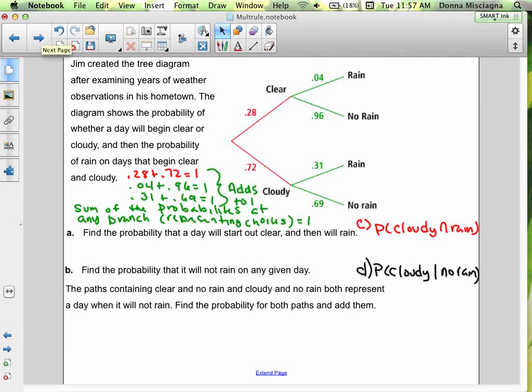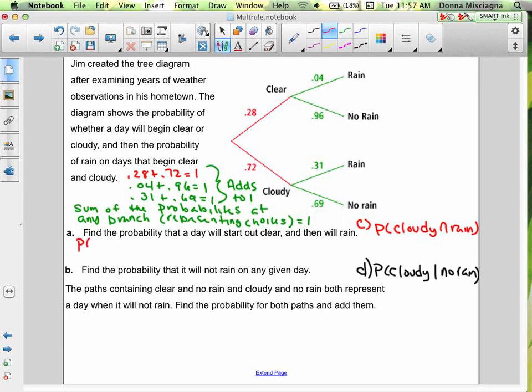All right, so now let's find some probabilities with our tree diagram. And if you're already given a tree diagram, it's really easy to find the probability. So we want to find the probability that a day will start out clear and then will rain. So in other words, we're finding the probability of clear and rain. We know when we see that upside down U, that means intersection, so that is and.